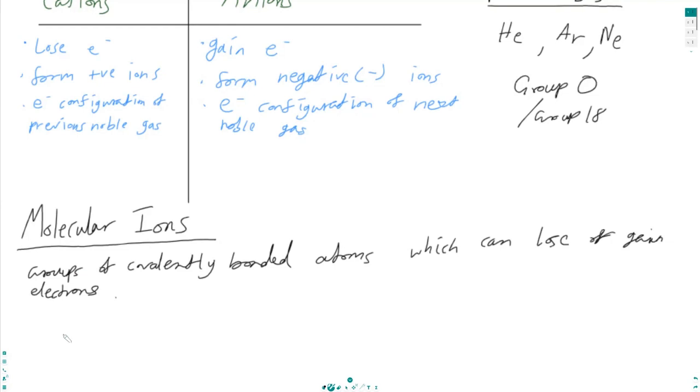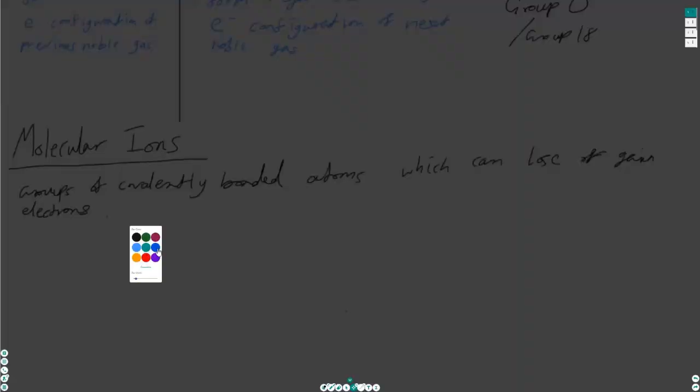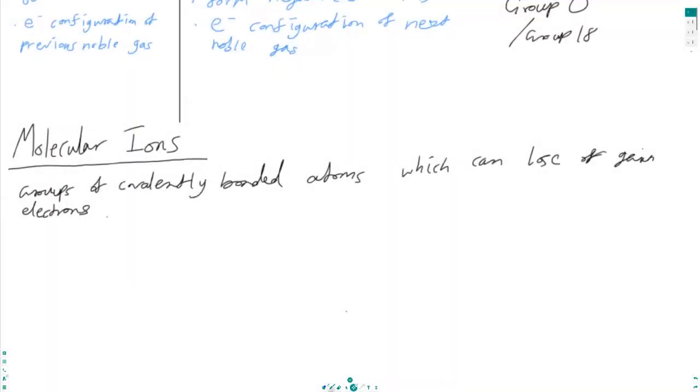We have some examples of molecular ions, and unfortunately, you just have to memorize these. The common ones, you have to memorize because there's no other way of getting around it.